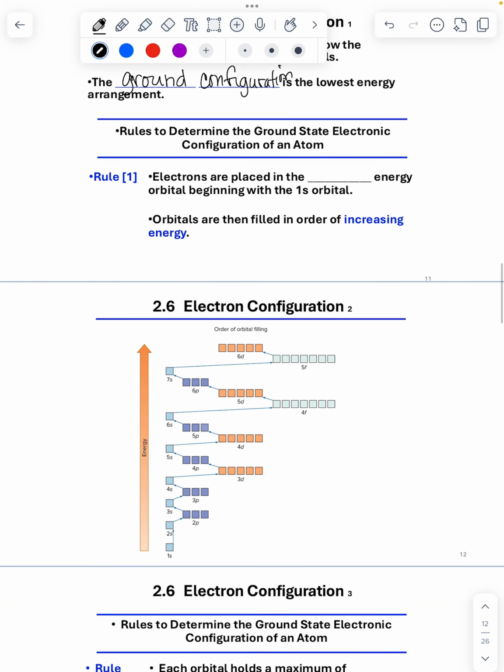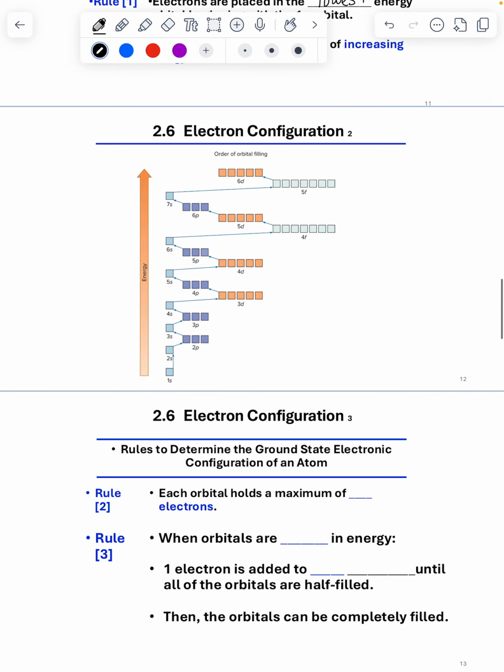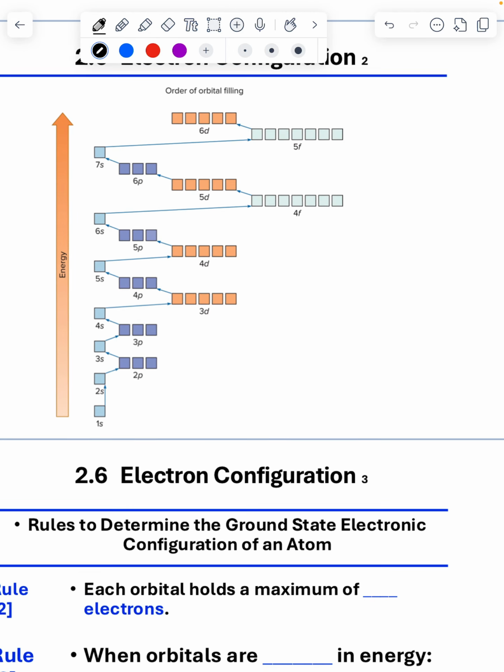Rule number 1 says that electrons are placed in the lowest energy orbital first, and that always begins with the 1s orbital. After 1s is filled, the orbitals are filled in order of increasing energy. This next slide points out, think of this as a graph, and this would be the y-axis.